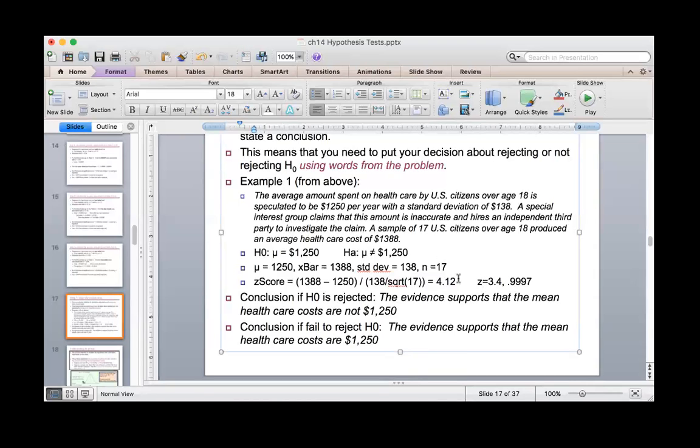Correct? Yes. Okay, good. Thank you. So the tail area to the right is almost 0. This is a two-tailed test. And the rule is for a two-tailed test, you have to double the p-value that you got on the right. And so 2 times 0 is still almost 0.